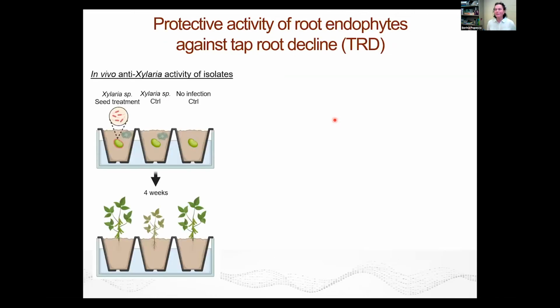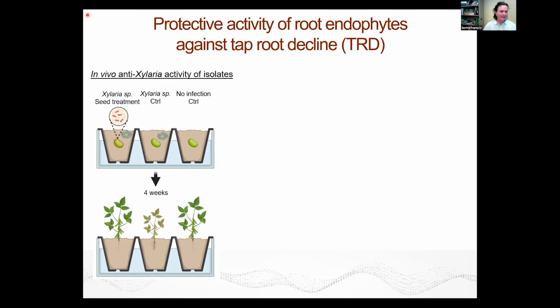So you may ask at this point, yes, you see this beneficial activity in the lab on these plates. What happens with the plants in a real world situation? So we've designed an experiment to test whether these beneficial strains that we identified in the lab on these plates have an effect on taproot decline that we can cause in a soybean plant.